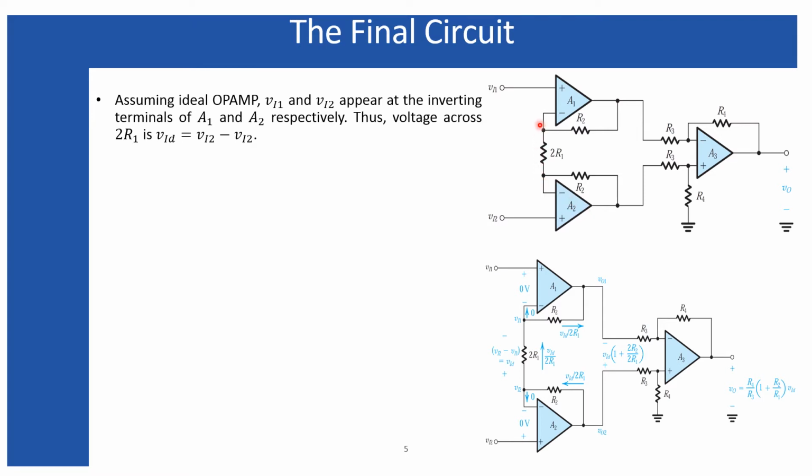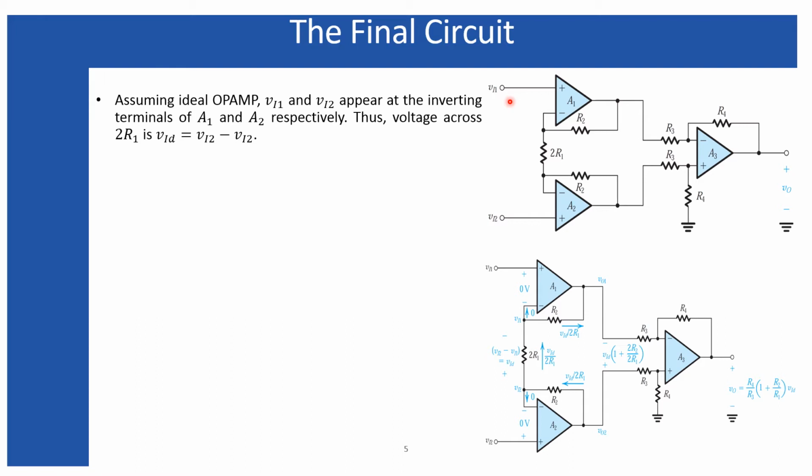Now, the potential at either end of these two R1 is known, so the potential difference across these two R1 is known. So we can easily find the current that flows through these two R1.